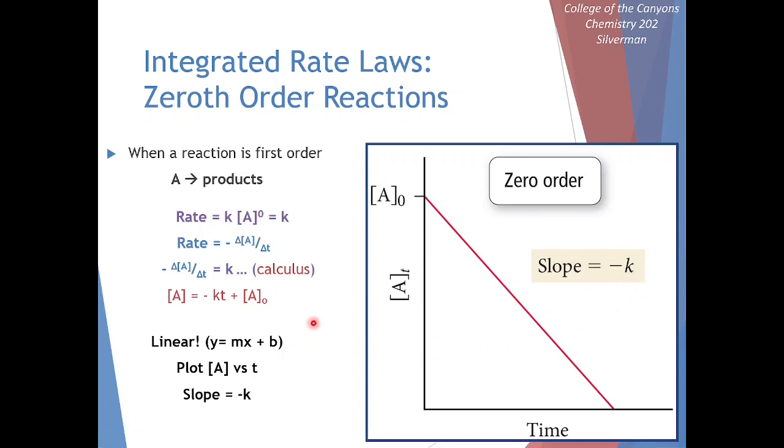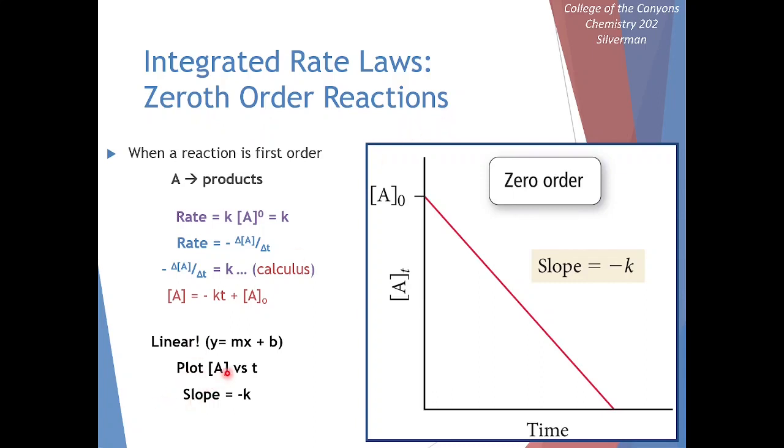What does this tell us? Well, if we can measure the concentration over time, we can try to create a graph like this. If we see a linear relationship between concentration and time, this tells us that our reaction is exactly zeroth order. Right? We can work backwards here.